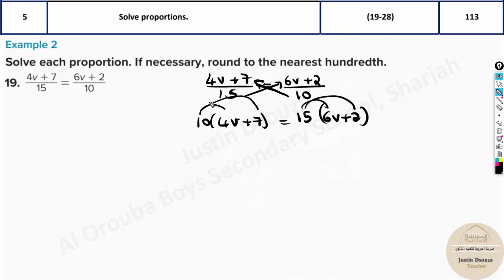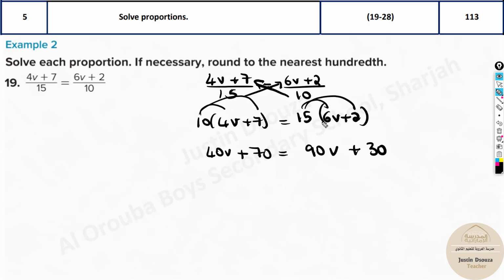You're multiplying 10 inside, it'll be 40v plus 70. That is equal to 15 times 6, 75 plus 15 is 90v plus 30. Now simplify the v's. Now how would you decide which to take, this or this?